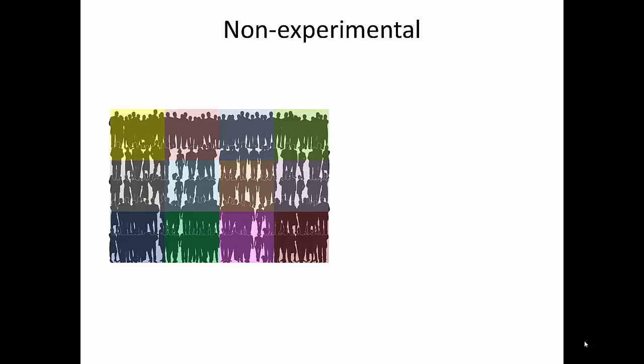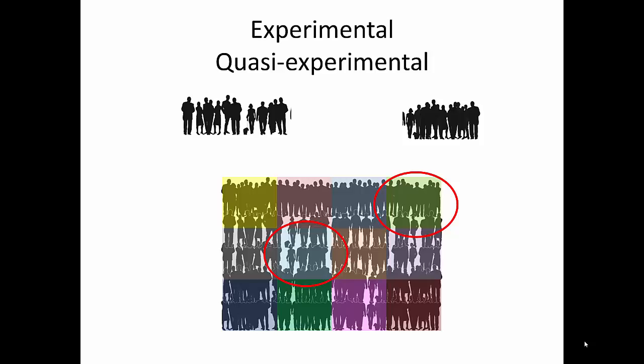In non-experimental, I would select a group that already eats jelly beans at work and a group that never eats jelly beans at work. In experimental or quasi-experimental research, I would give one group the jelly beans and the other group would not get anything. Now you can see here that the bottom one is my quasi-experimental, where I'm just using groups that already exist. The top one is where I got to choose randomly the groups.